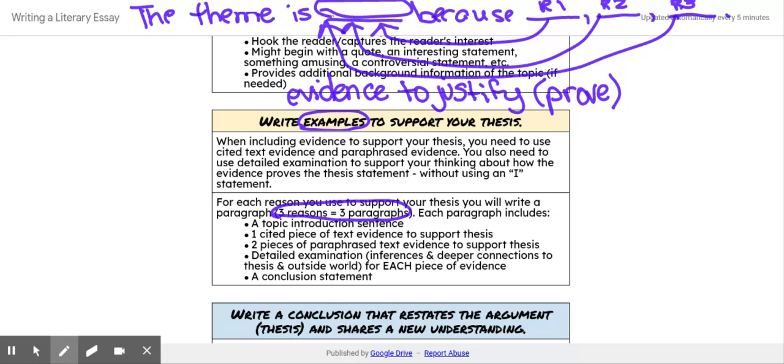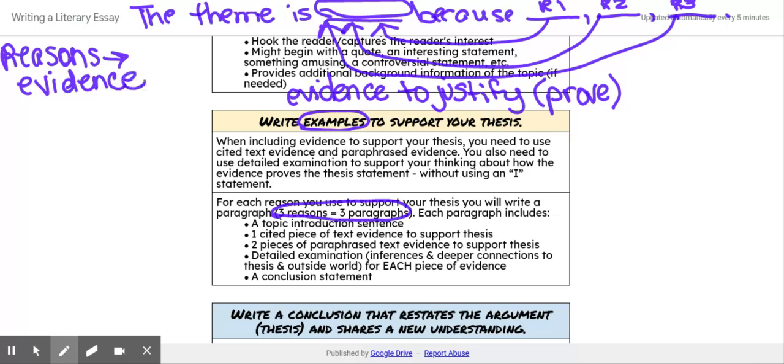Looking deeply into this, let's break down our paragraphs here. We have our evidence, which is our reason. Remember, here are our reasons that we're focusing on. Now we need to identify evidence to support.